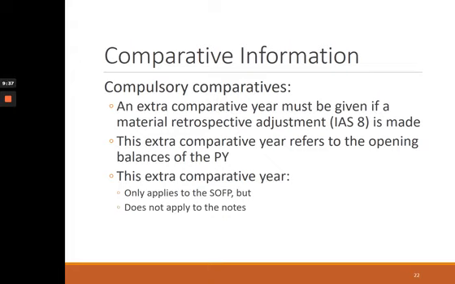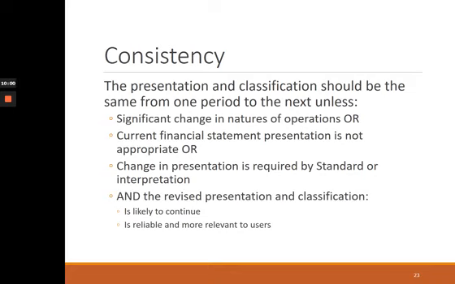So what the slide is telling us is wherever we have a change in our accounting policy or we have a correction of error, we need to provide an extra comparative year that refers to our opening balances of our prior year. Okay? This only applies to our statement of financial position, and you must revisit the slide when we cover IAS 8 later on.